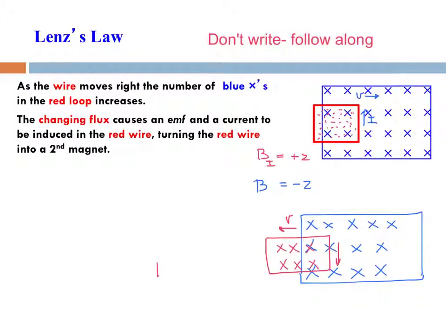So my magnetic field by the current carrying wire is now in the negative Z direction. My magnetic field by the blue piece is still in the negative Z direction, but the reason is because this is going down. So to oppose that change, we need to increase our magnetic fields in that direction. Over here at the top, as my magnetic field was increasing, we're opposing that change, so we're canceling it out.